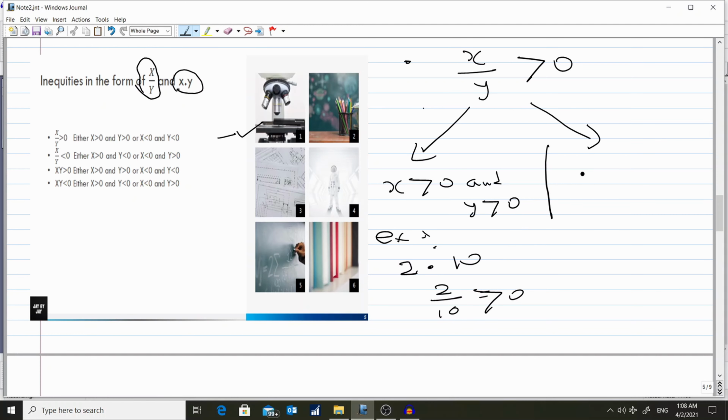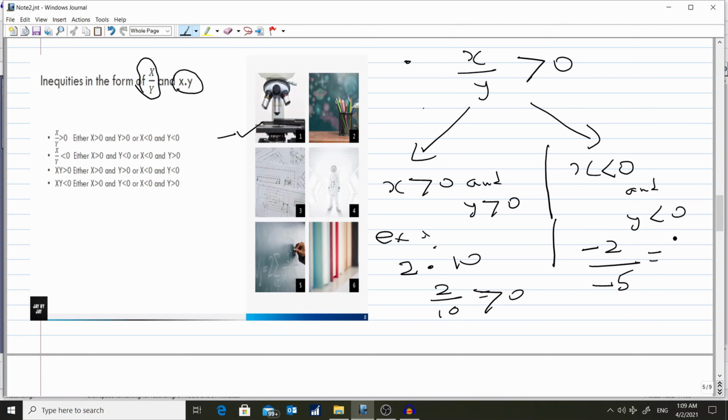What are the other possibilities here? X can be negative and y can also be negative. Let's take an example: x is minus 2 and y is minus 5.